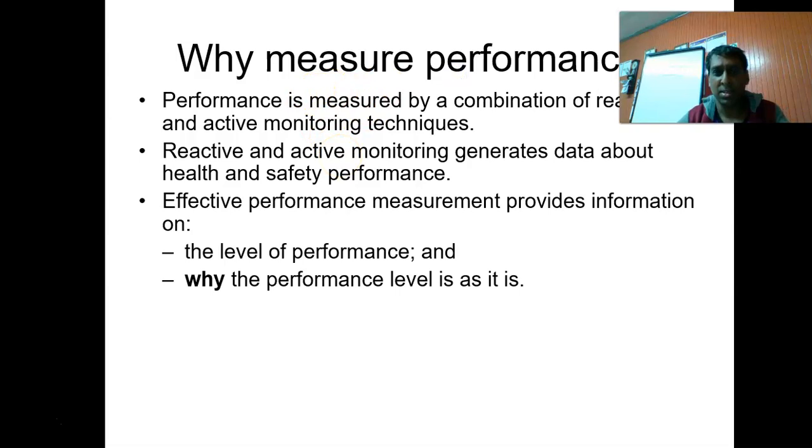So there's a need for measuring performance, otherwise they may not know if they are meeting their required goals. Once you measure, you can see what the level of performance is, and if it's not where it's supposed to be, why wasn't it where it should have been?